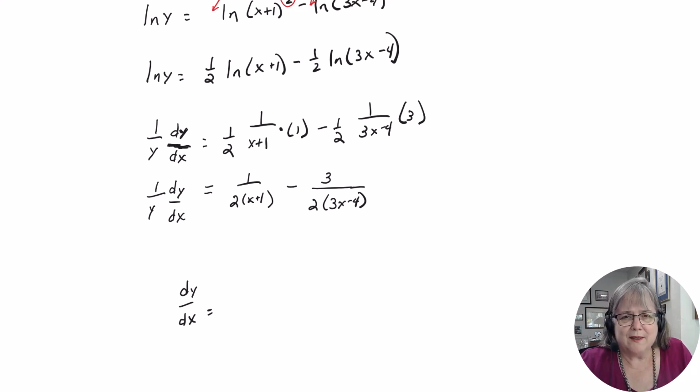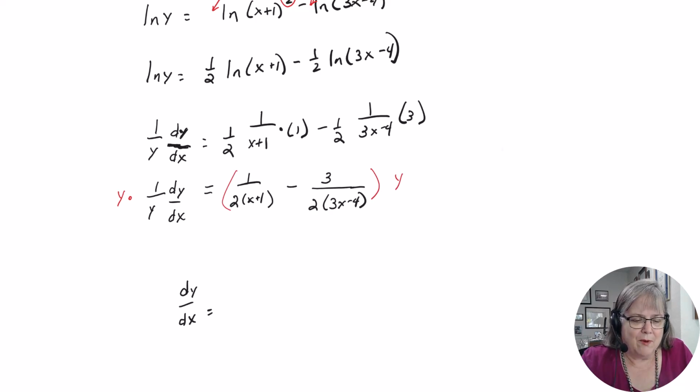Well, in this case, I've already got it technically divided by y, right? Because it's 1 over y. So what I'm going to do is to multiply both sides by y, because remember, dividing by a fraction is the same thing as multiplying by the reciprocal. So we're going to multiply this side by y and all of this side by y.